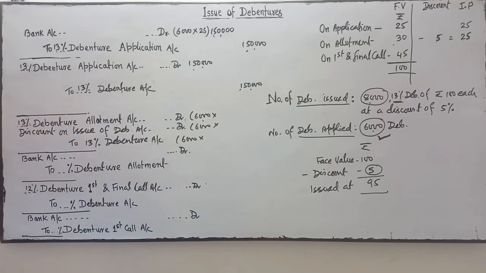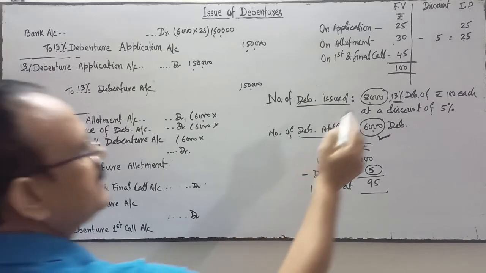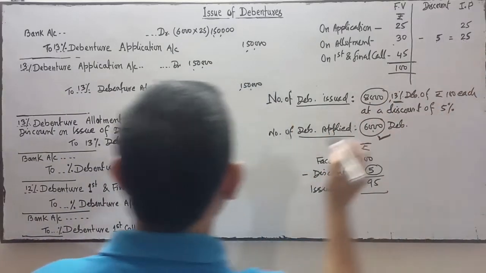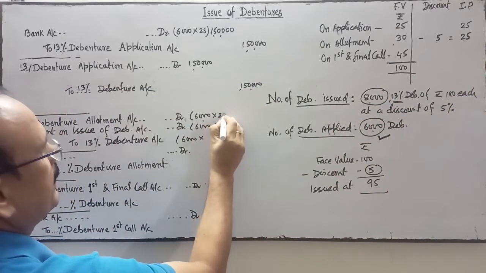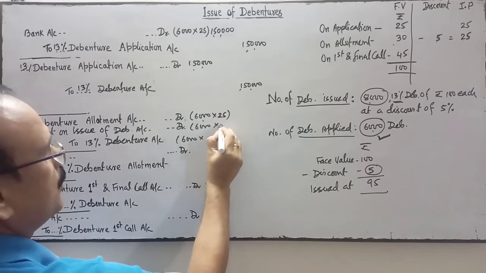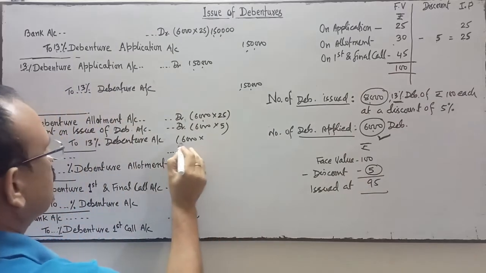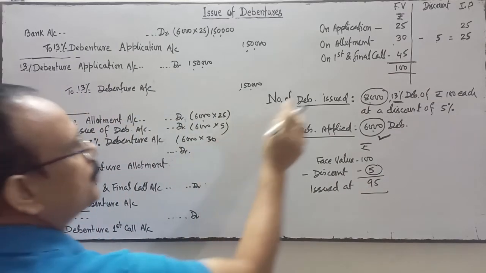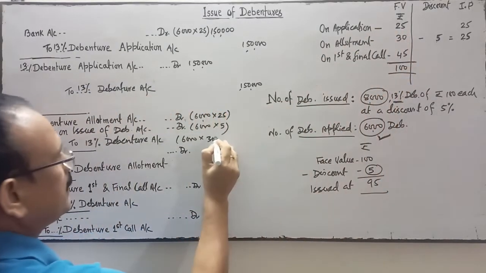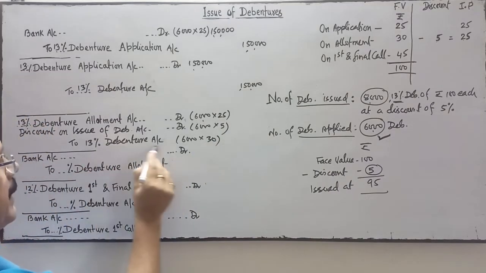On allotment we'll write 25, so 6,000 into 25, discount 6,000 into 5, and 30 rupees will be the face value in the debenture account.